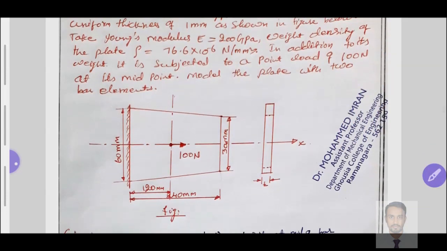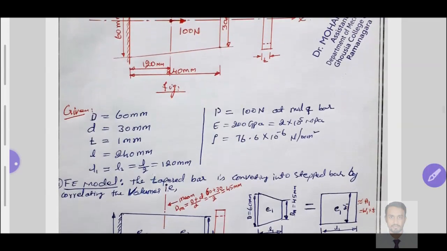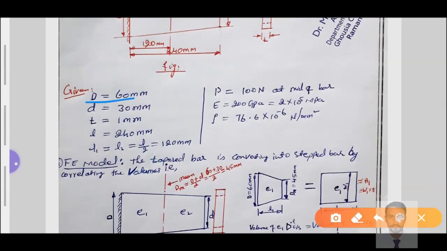Just I will copy all the characteristics that we need to find here: displacement, stress and reaction force. These three things. Just I will write the given data here. So capital D is 60, small d is 30, thickness T is given as 1 millimeter, and length of the bar element is 240 millimeter.